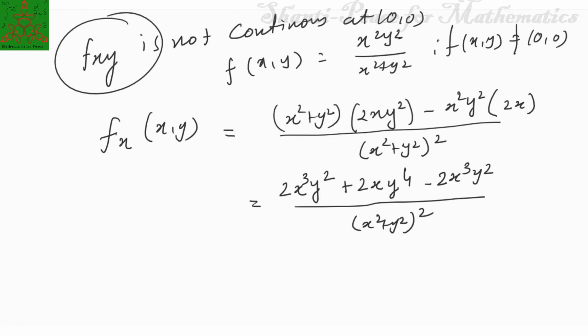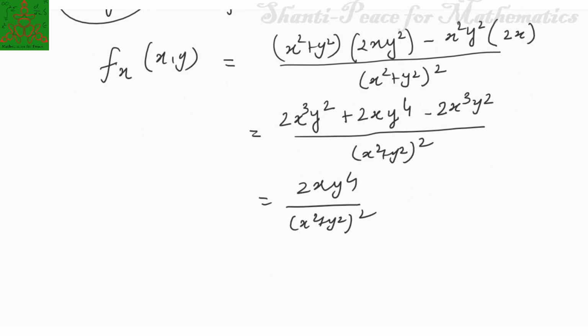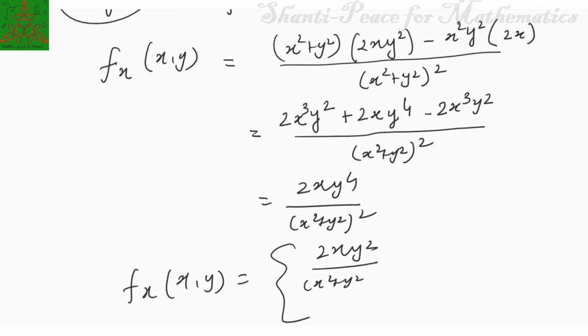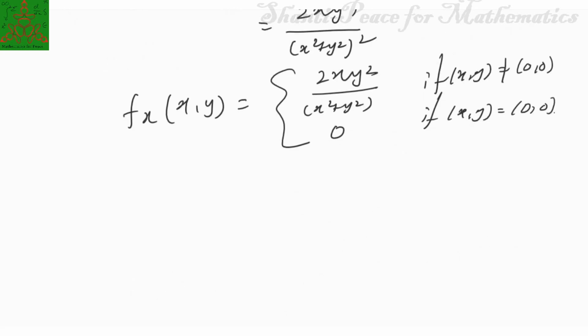So finally we have 2xy raised to 4 upon x square plus y square whole square. So fx at point (x,y) will be this, 2xy raised to 4 upon x square plus y square whole square, if (x,y) is non-zero, and 0 if (x,y) is (0,0).